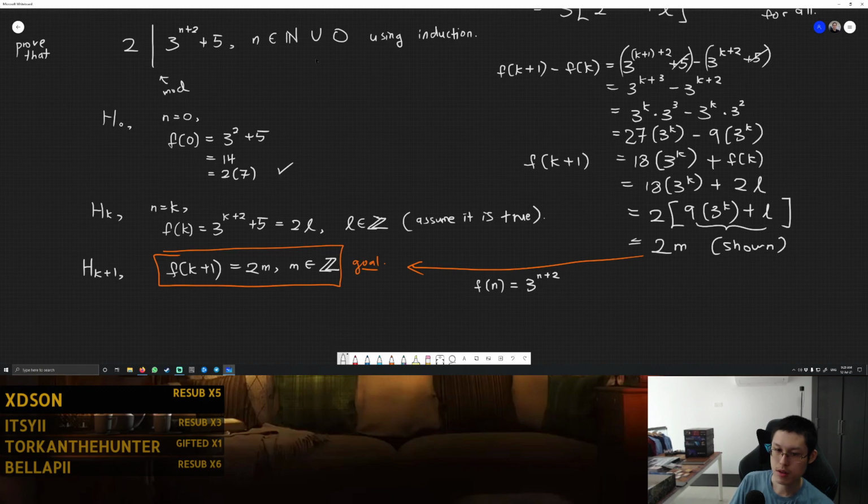Hang on, let me just write it here. Therefore, by induction, this function is divisible by 2, or instead of writing this, you could say by induction 2 mod this guy for all n that is a natural number including 0.